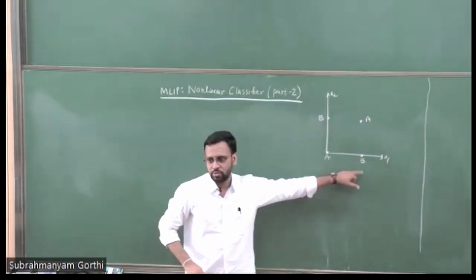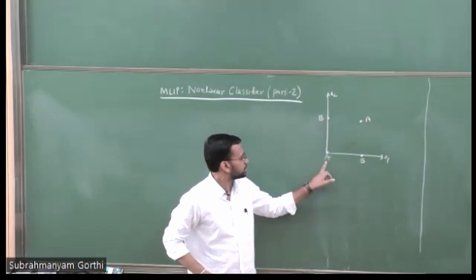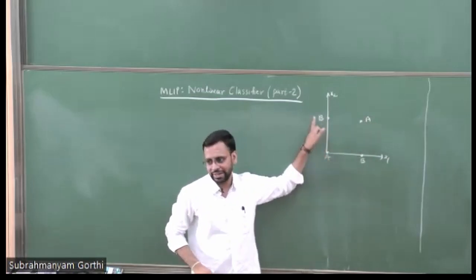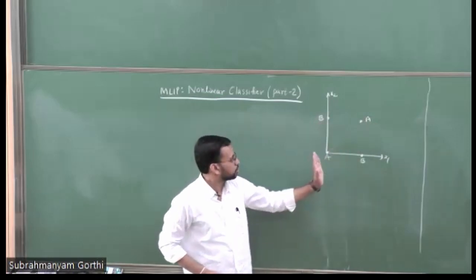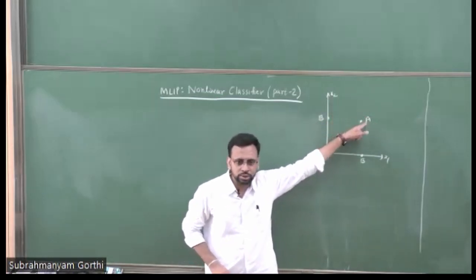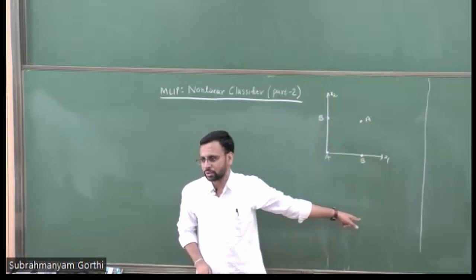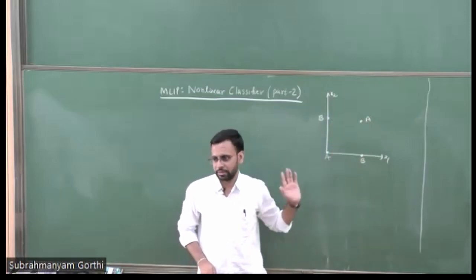So here it is 1, 1. If you take it, this is one class, and these two belong to another class. Then you would realize that there is no single linear line that you could draw here to separate them.